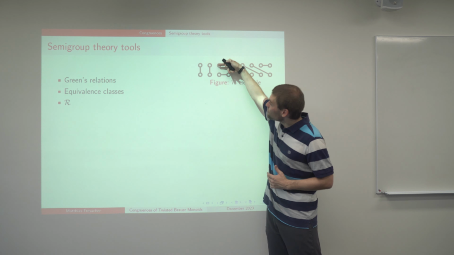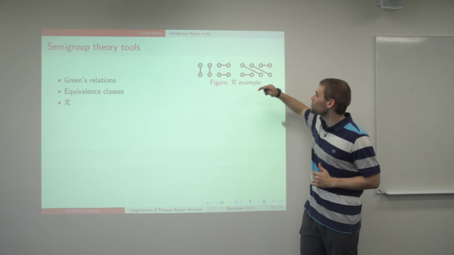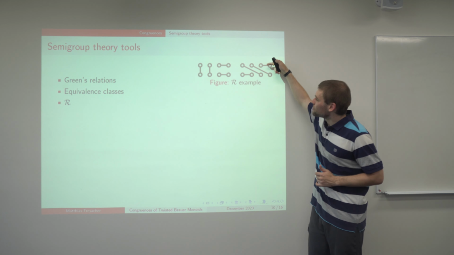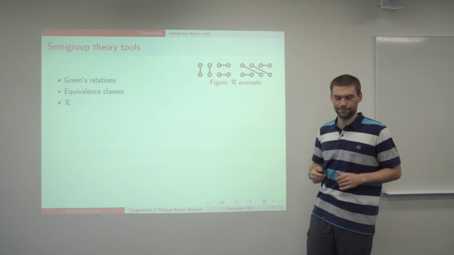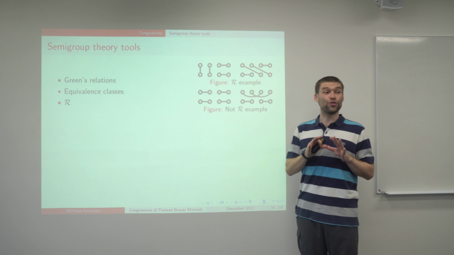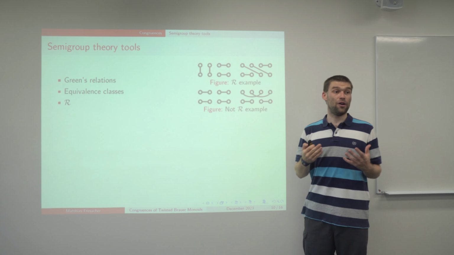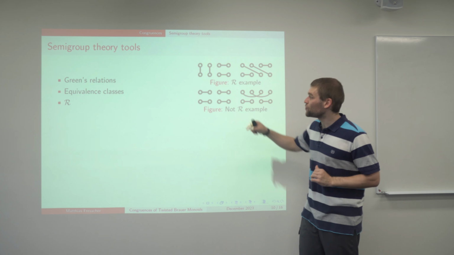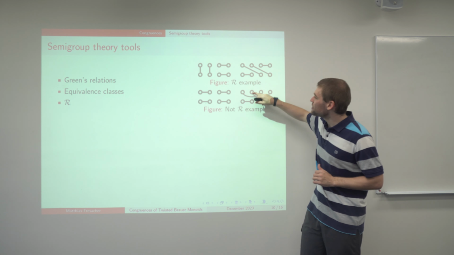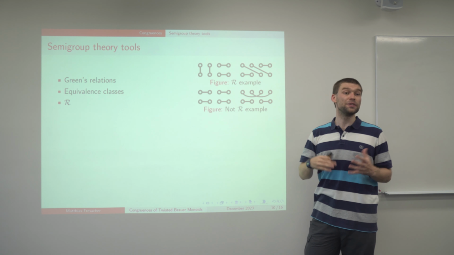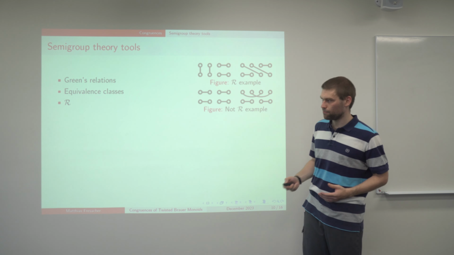And likewise, if a vertex belongs to a non-transversal, then in the other diagram, it must also be non-transversal. This is an important not-R example, and even though all four vertices here are non-transversal, for non-transversals, the actual edge must be the same across both diagrams, which is clearly not the case here.